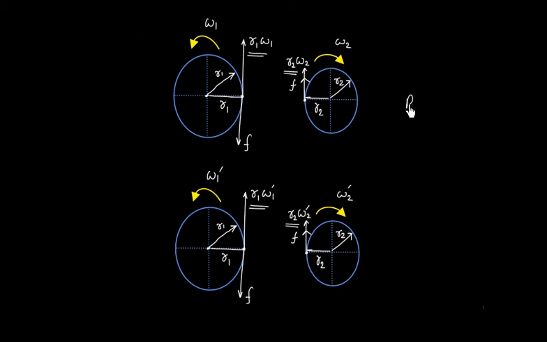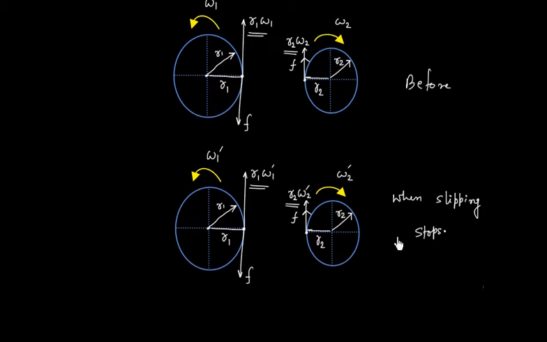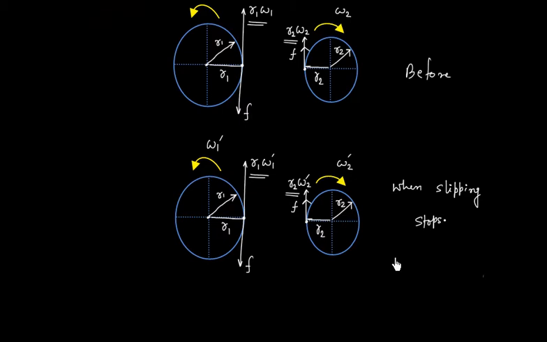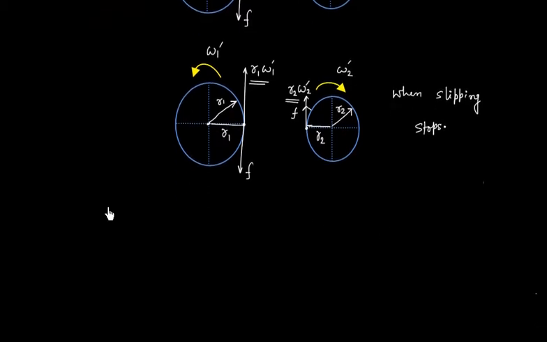So this is before, and this is when slipping stops. Now we can apply one equation for angular impulse. So angular impulse is equal to change in angular momentum.